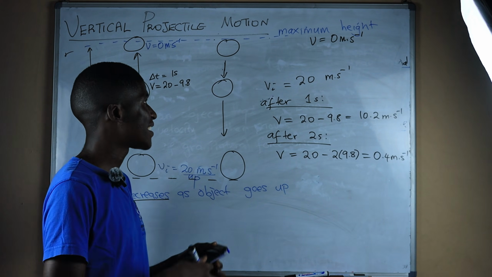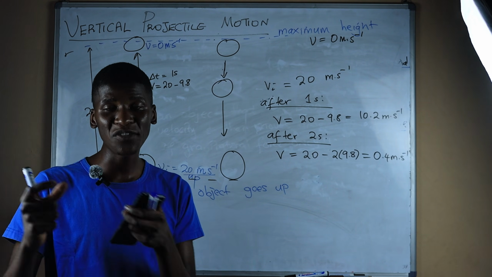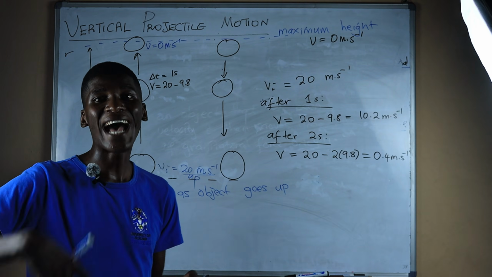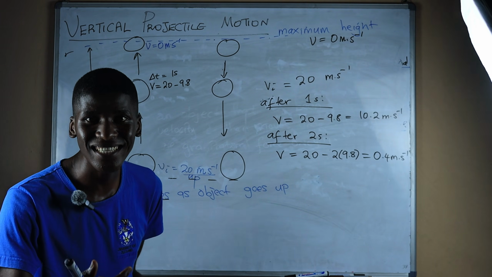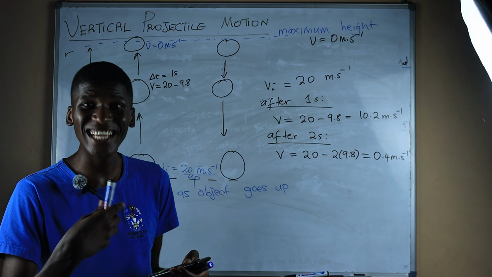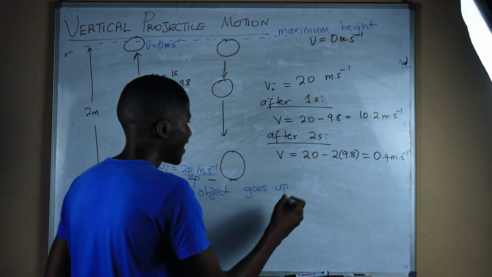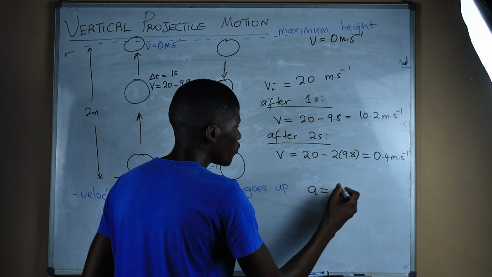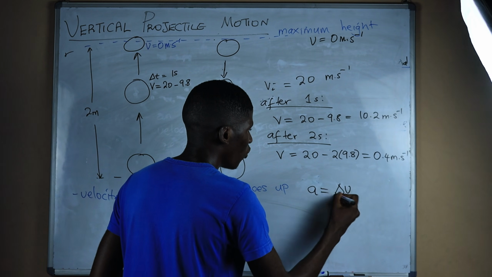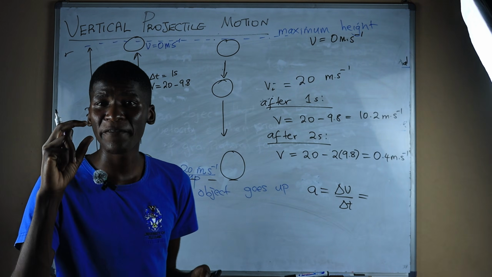So remember, guys, that according to your grade 10, you have learned that acceleration is the rate of change of velocity. It is how fast the velocity is changing with respect to time, or how fast does the velocity change as time changes. So here we say that our acceleration is going to be the change in velocity over the change in time. And we ask, how does the velocity change?